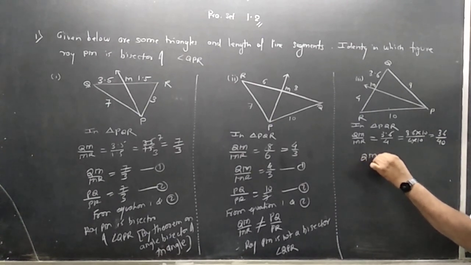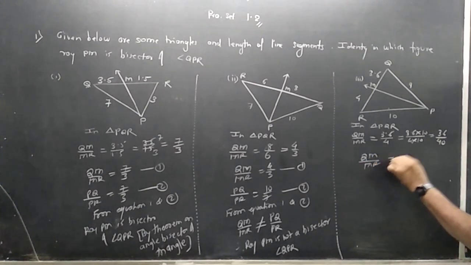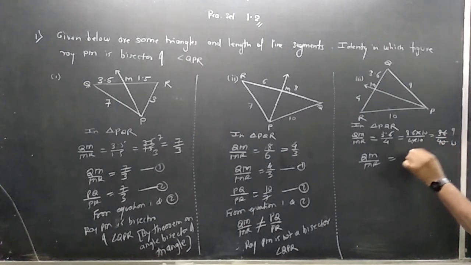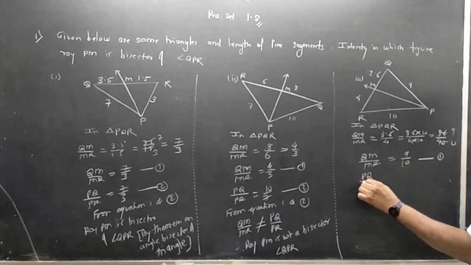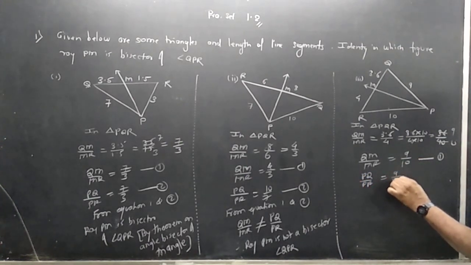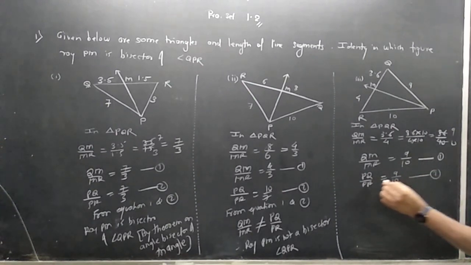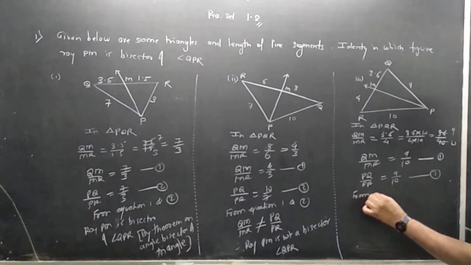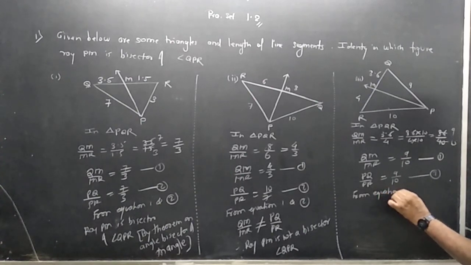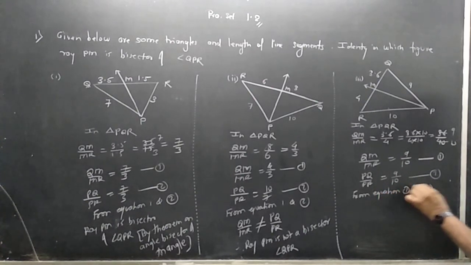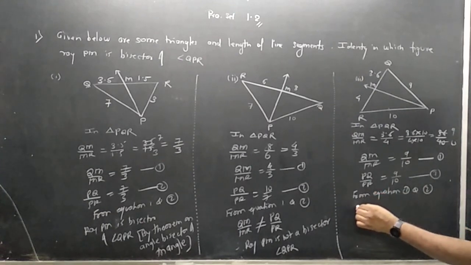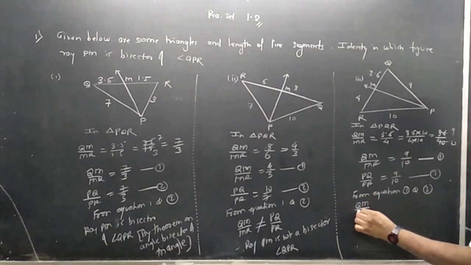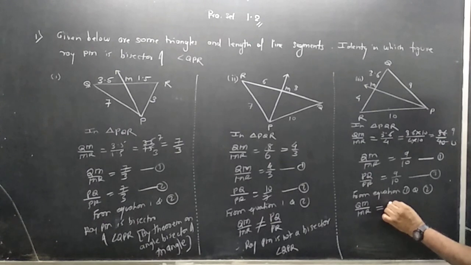So QM upon MR will become 9 by 10, equation 1. And PQ upon PR is again 9 upon 10 only. So from equation 1 and 2, I can write QM upon MR is equal to PQ upon PR.